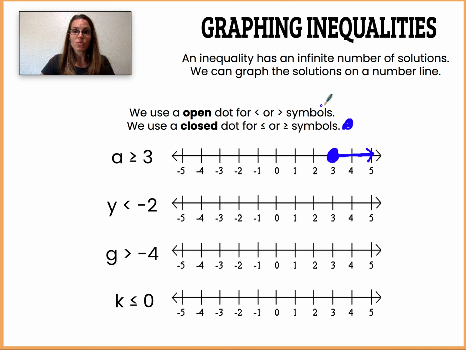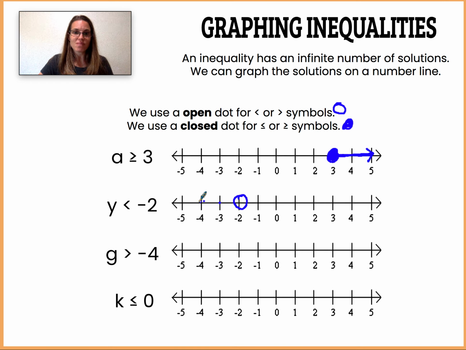Second example will be with an open dot. An open dot means not filled in. Y is less than -2 does not include -2 in the solution. -2 is not less than -2. This open dot is like a hole right over -2, showing that -2 is not included. What are some of the solutions less than -2?